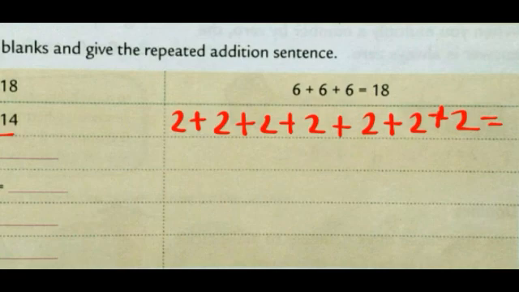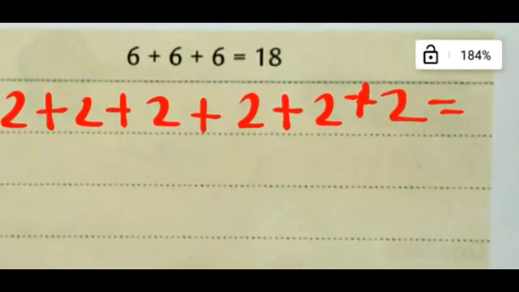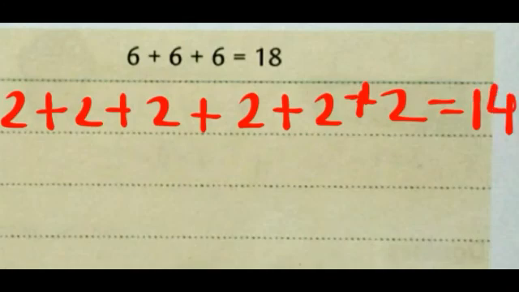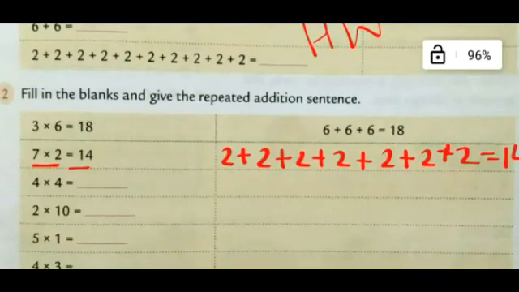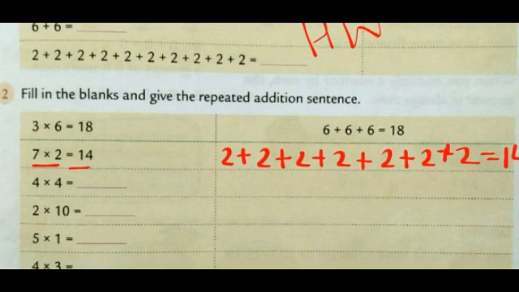So 2 plus 2, 4, 5, 6, 7, 8, 9, 10, 11, 12, 13, 14. So the answer is 14. See, whether it is an addition sentence or a multiplication sentence, the answer remains the same. Okay. The second number which is given, that is how many times we need to repeat the number that is given in the first place.